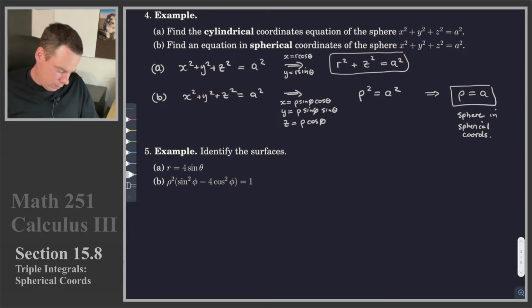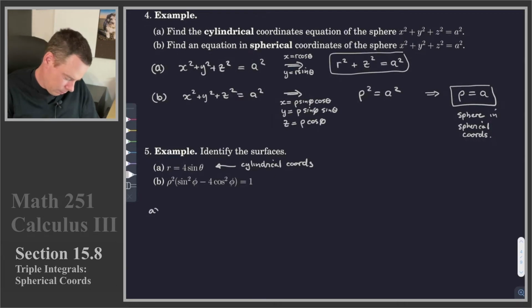Identify these surfaces. So r is equal to 4 sine theta. What is that? Well, this is telling us that we've got a cylindrical coordinates description. And since the z value is missing, this is a cylinder in cylindrical coordinates.